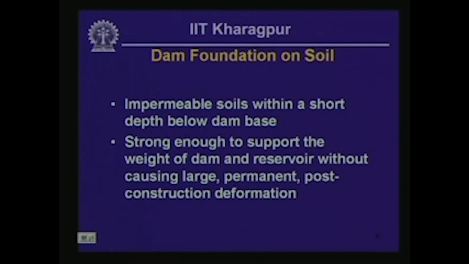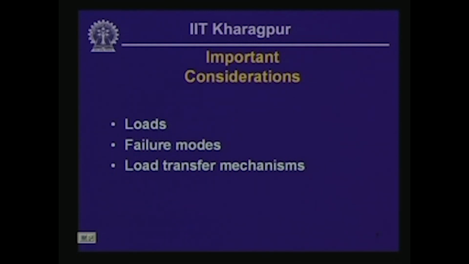Now, with these important concepts stated, we can consider the important aspects we need to look at while selecting a dam site. The main three aspects that we are going to look at are loading, failure modes of dams, and load transfer mechanism.